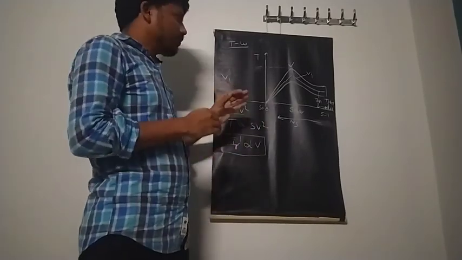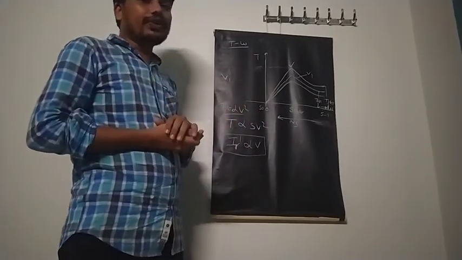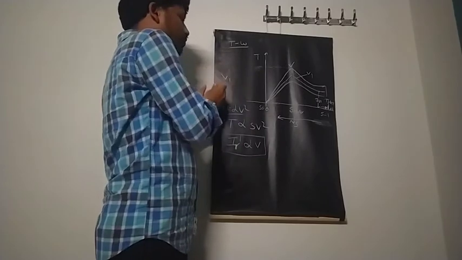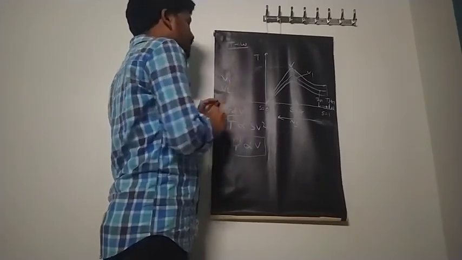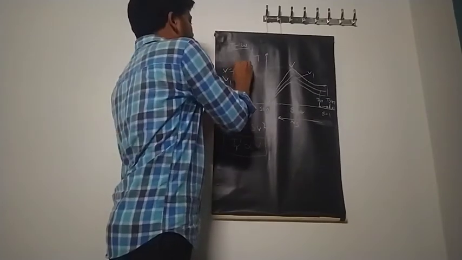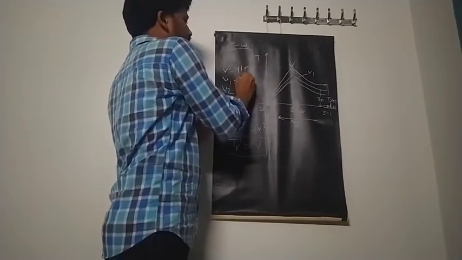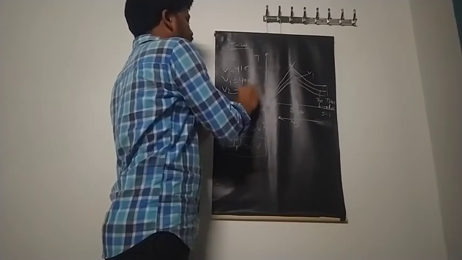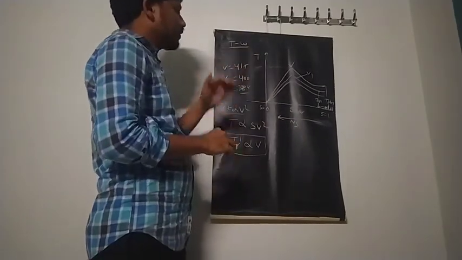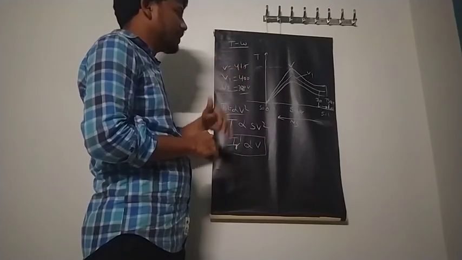And if we further reduce the voltage from 400 to, let us say, 380 volts, that is V2. V is 415 volts, V1 is 400 volts, and V2 is 380 volts.